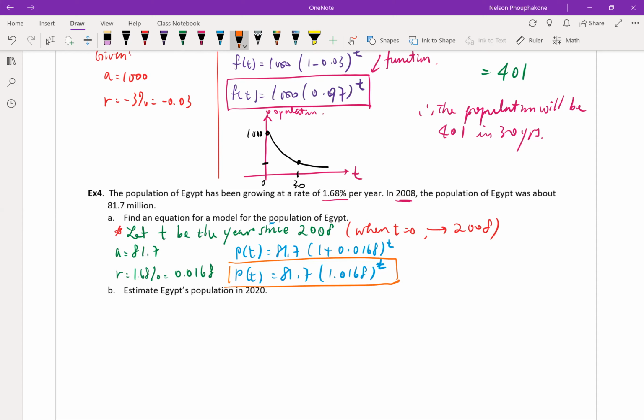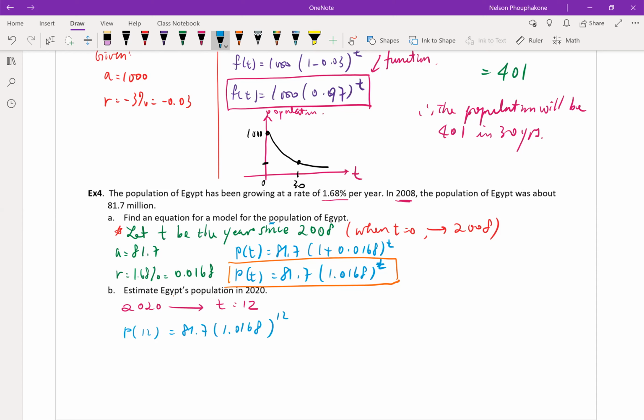Now I would like to estimate Egypt's population in 2020. In this case, we know that 2020 is 12 years after 2008, so t equals 12. What I need to do is evaluate p of 12, which is 81.7 times 1.0168 raised to the power of 12.